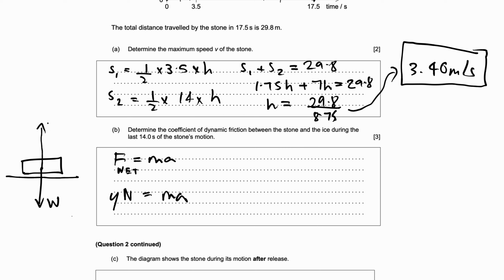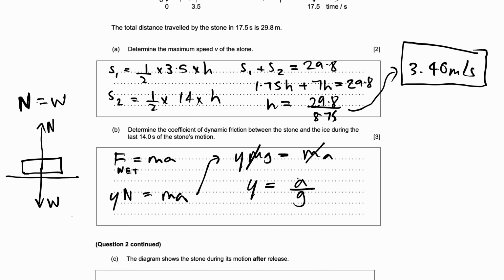And that is actually your reaction force, normal, N. So we know that N is equal to W. And what is W in this case? Just mass times gravity. So instead of normal force, I can say mu times mg is equal to ma. M and M cancel. So I know that mu, which is the coefficient of dynamic friction, is equal to a divided by g.